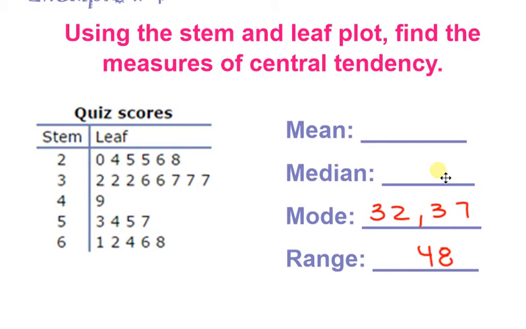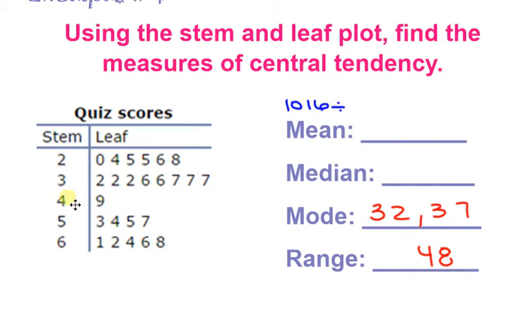So I need to add up all these numbers. 20 plus 24 plus 25 plus 25 plus 26 plus 28 plus 32, 32, 32, 36, 36, 37, 37, 37, 49, 53, 54, 55, 57, 61, 62, 64, 66, and 68. And I got a total of 1,016.